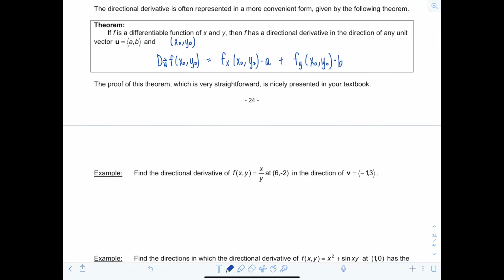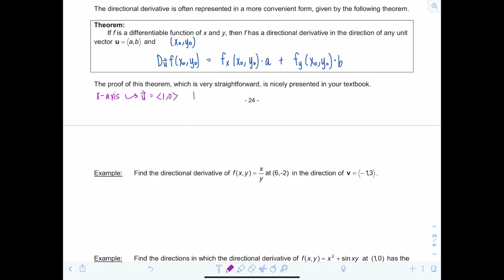And interestingly, notice this is how our understanding of the partial derivative with respect to x and y comes into a better light here. Say I wanted a unit vector in the direction of the x-axis. Well, easiest choice would be to let u equal 1, 0, right?